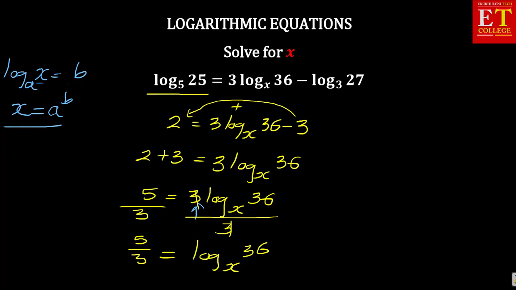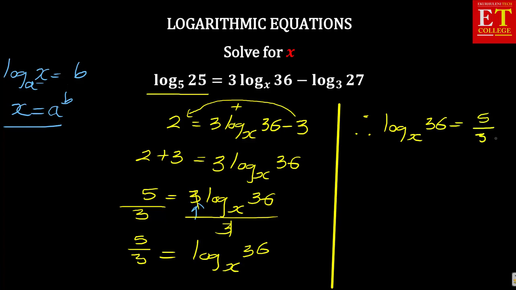Now let me just have a ruler here so that we can divide our space, so that we can continue on the other side. Now I want to rewrite it and say, therefore, this is the same as saying log base x of 36 is equal to 5 over 3. I'm just rearranging what I'm given here.